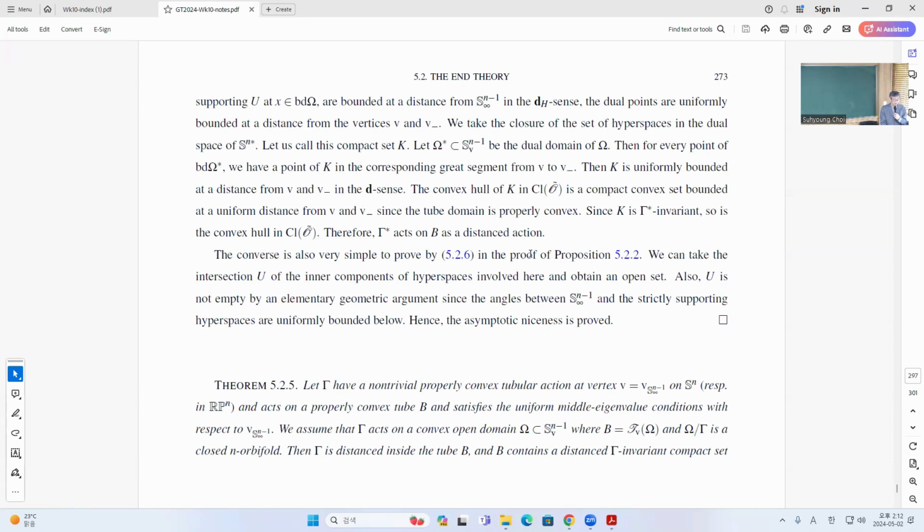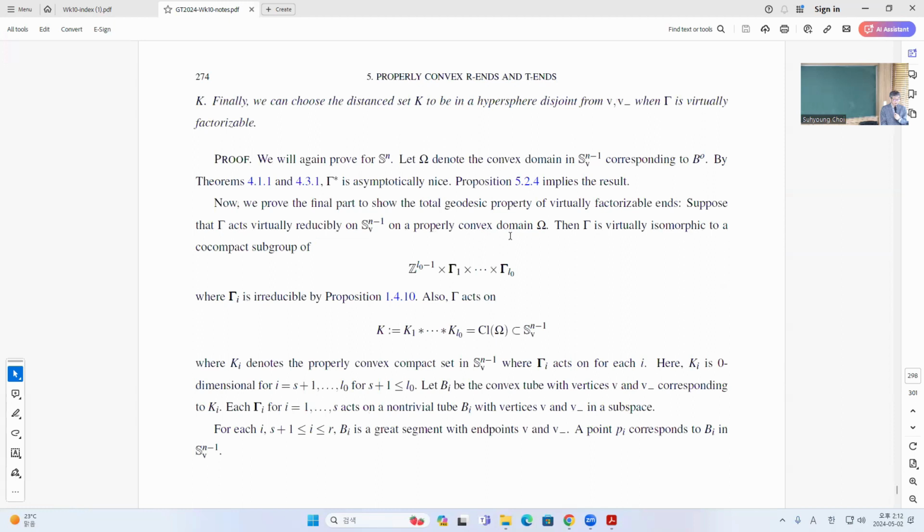Right. And then for the factorizable case, the reason I can get the totally geodesic subspace is because we have these group actions which decompose, and the central elements will also satisfy the uniform eigenvalue condition, and that will fix some because these are in the center, which are diagonalizable elements anyway.